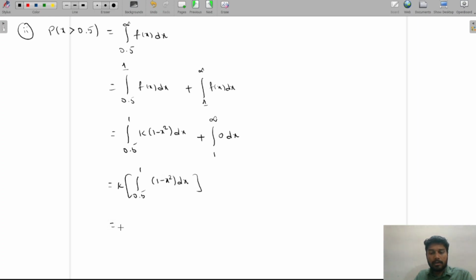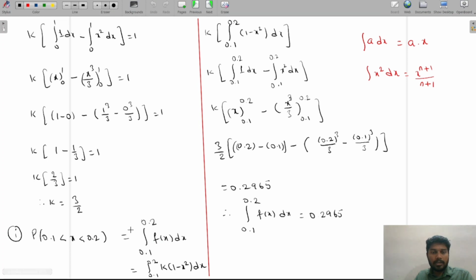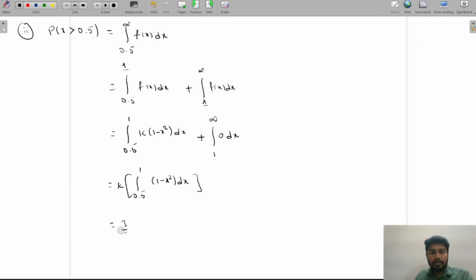Now we know the value of k from the last question, 3 by 2 we had. So 3 by 2 times the integration, now taking it inside the two terms, it will become the integration from 0.5 to 1 of 1 dx minus the integration from 0.5 to 1 of x squared dx.